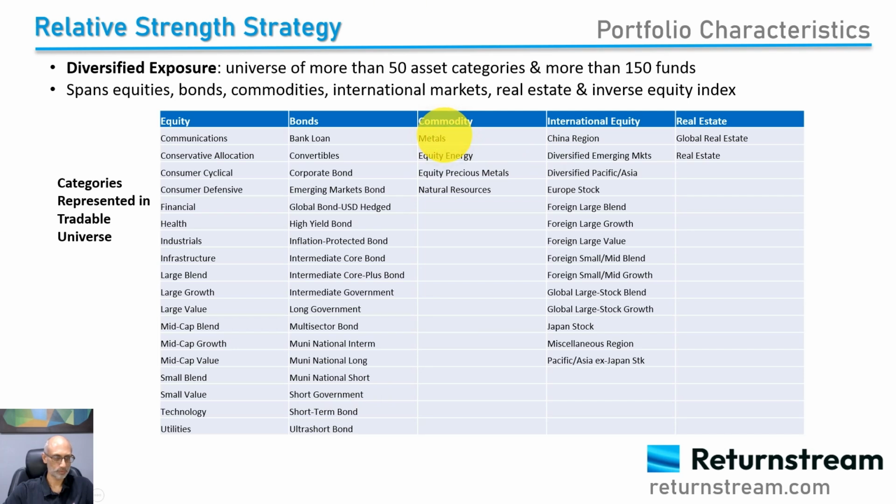In the commodities, we have metals, energies, precious metals, and other natural resources. In the international equities, we have broad-based representation of global regions such as Asia Pacific, Europe, emerging markets, etc. And in the real estate, we have global real estate and US real estate.